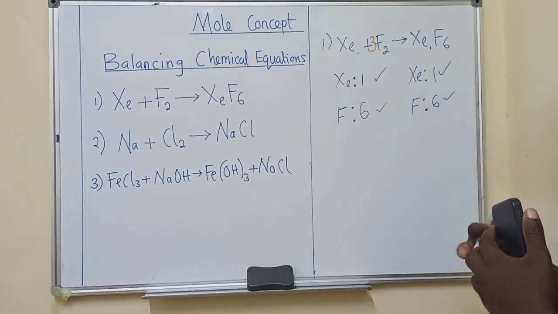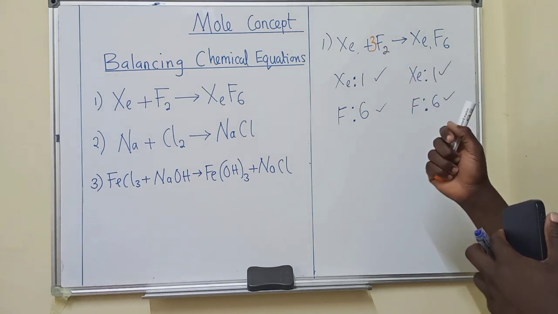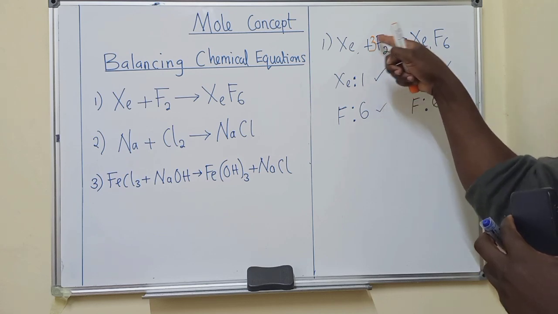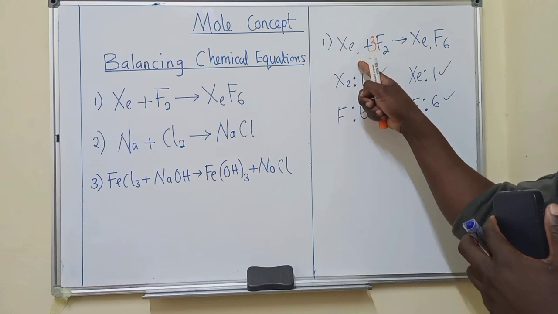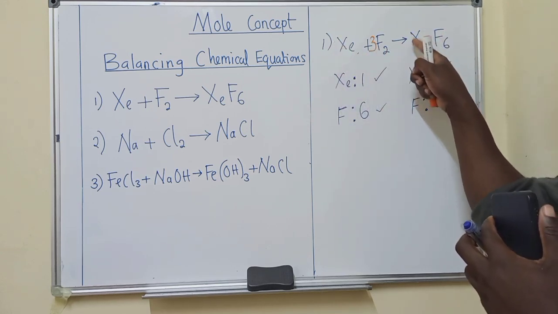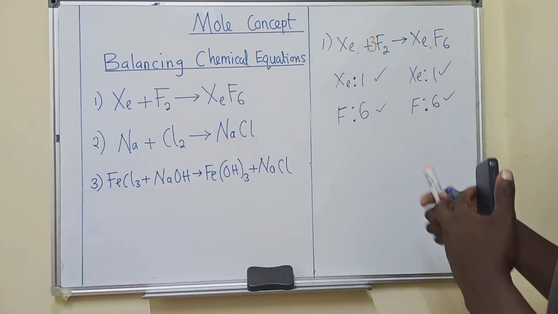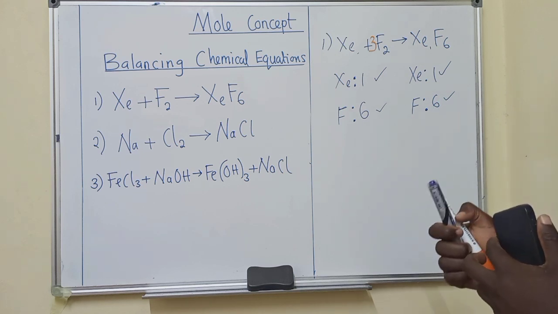You may be wondering how I put a 3 in front. When balancing equations, you always put a number in front. We don't disturb the subscript. You figure out where it can fit, but in front of the letters.